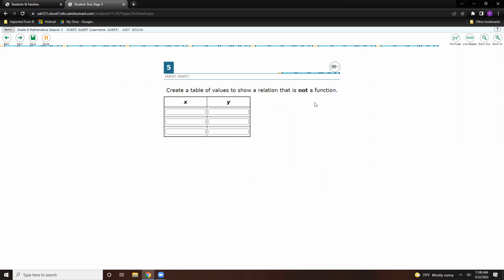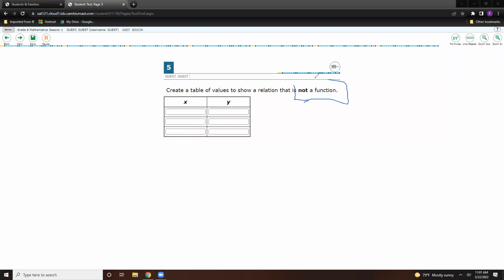Okay, a relation that is not a function. We know the rule is that to be a function, the x values cannot repeat. In other words, they cannot be paired with 2 y values. So if I have 1 input and an output of 2, that's it. 1 has only 1 output. I cannot use 1 again with an output of 3 because that is not a function.